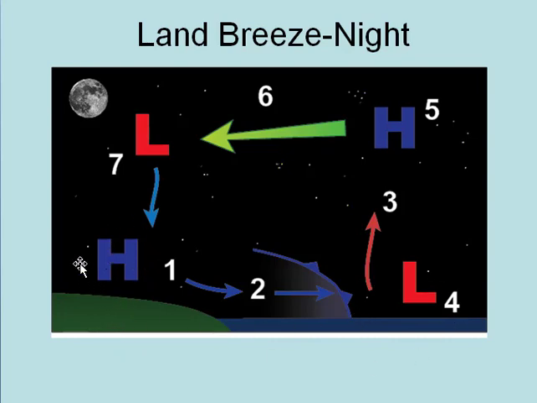Cooler, more dense air, which creates an area of relatively higher pressure, sits at the surface on the land, and the water is still relatively warm. That means the air is still relatively warm over the water, which means that air is less dense and is still eager to rise. So that creates an area of relatively lower pressure. So here, high pressure will blow towards low pressure. And so that's just an example of what pressure gradients look like in the real world.